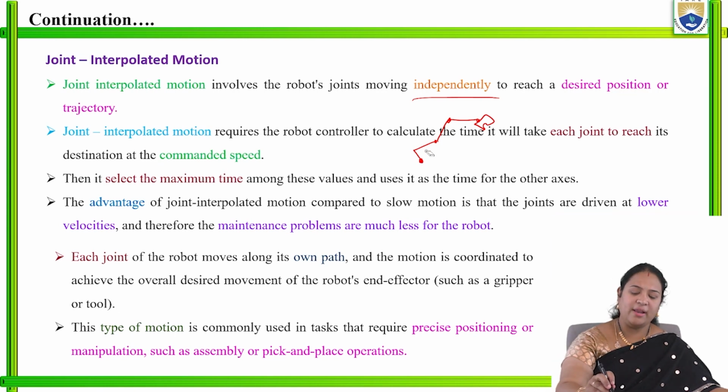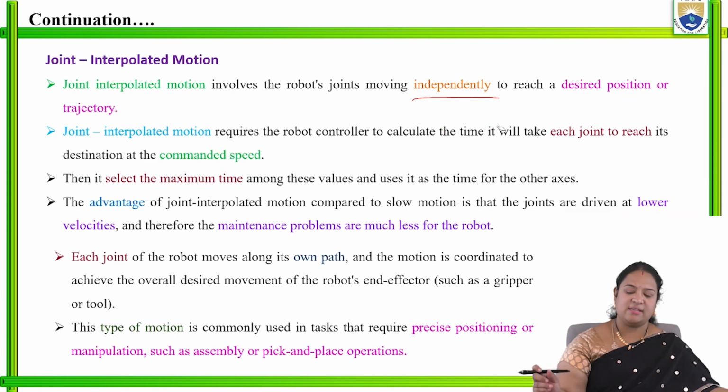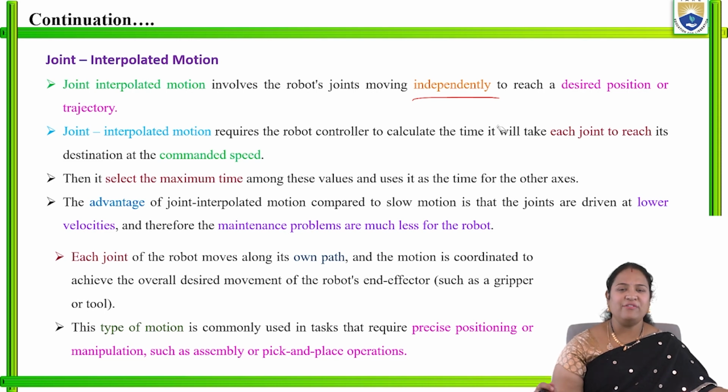This particular type of motion requires the control to calculate its time, right? So that when we use this type of motion with the other type of robot, the calculation is done more easily by taking the maximum time of the particular robot's movement.